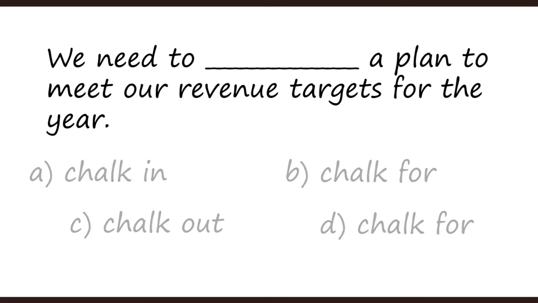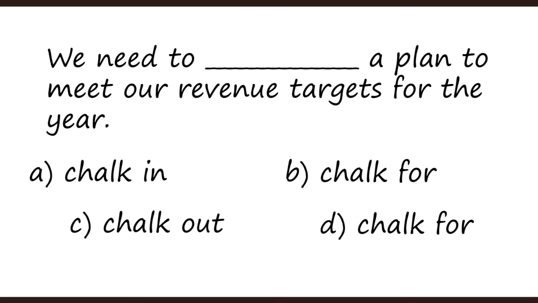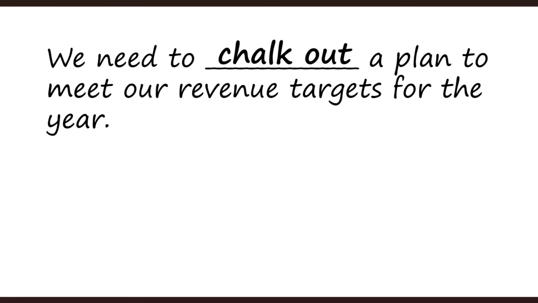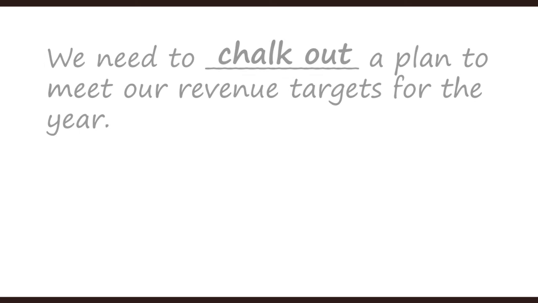The 4 options: chalk in, chalk for, chalk out or chalk for. Here, chalk out means to draw the outline of or to plan out, and therefore that will exactly fit the context. We need to chalk out a plan to meet our revenue targets for the year.